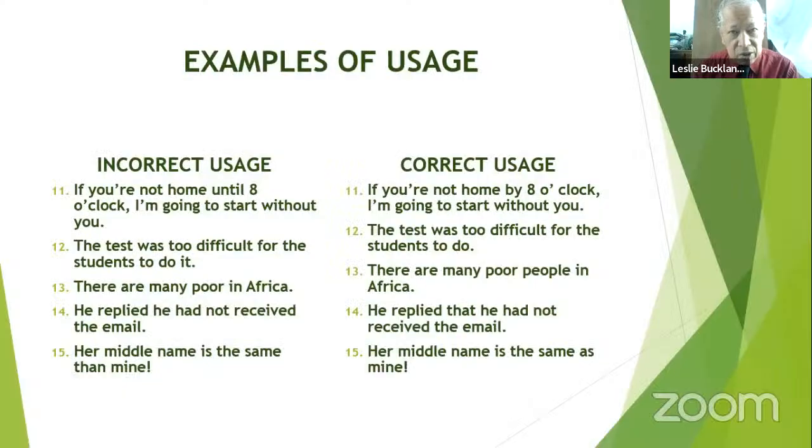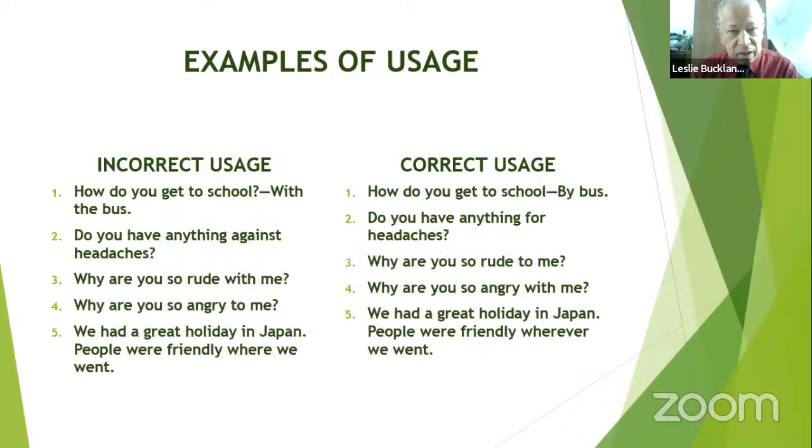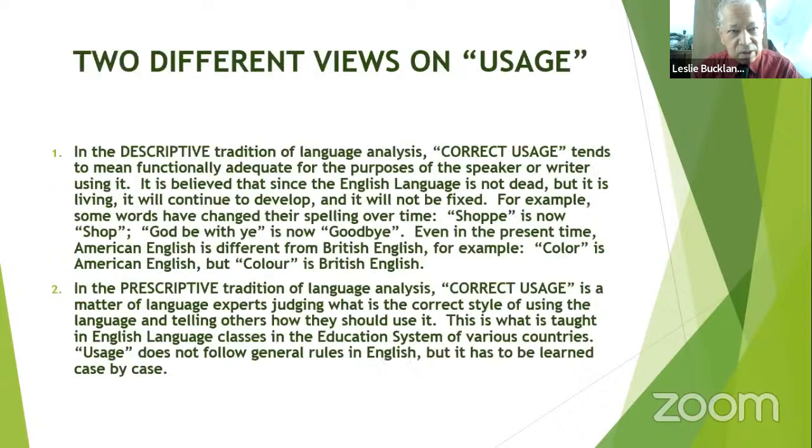So this is just an example of what usage is. Usage is a customary way in which a group of people speak. And actually, in real life, there are different types of usages because different types of English language speakers have different ways of expressing themselves.